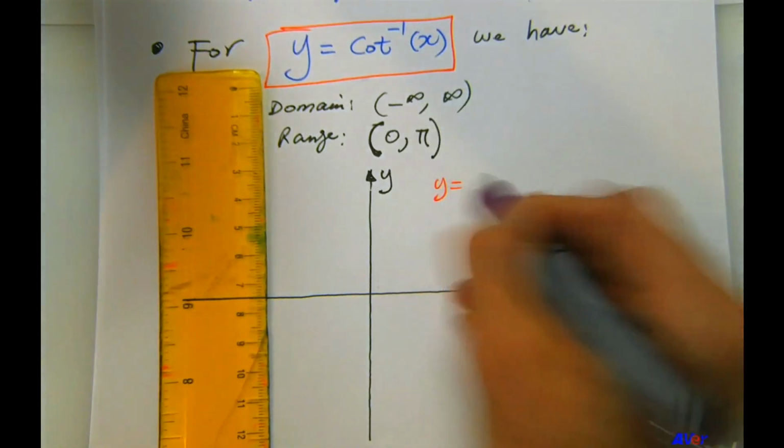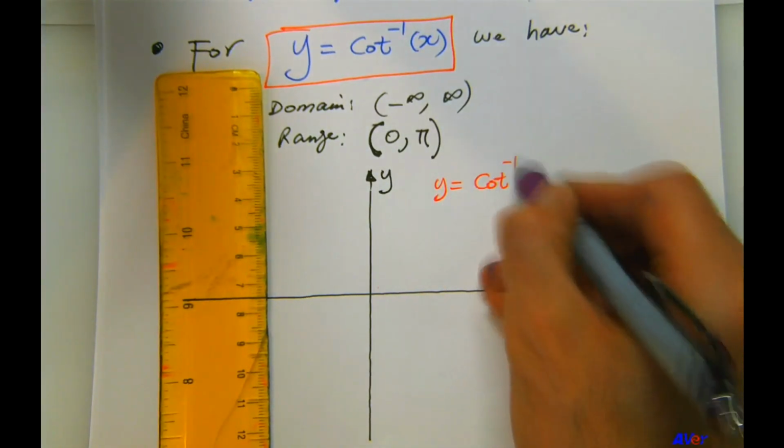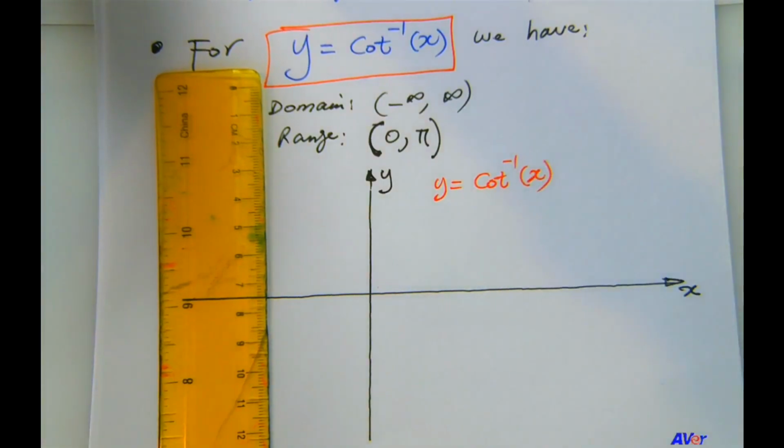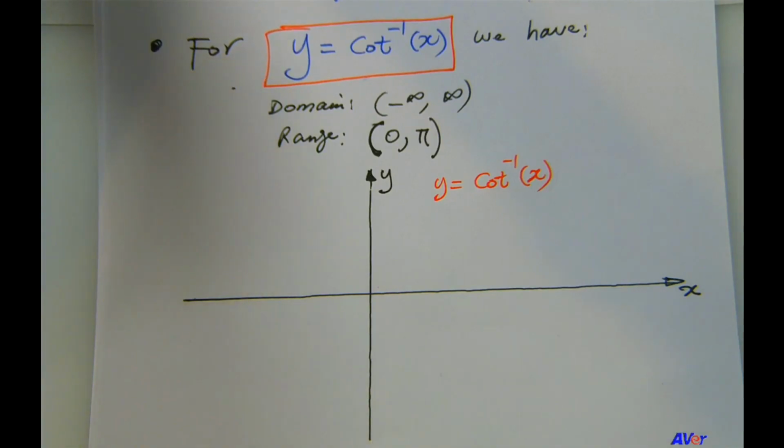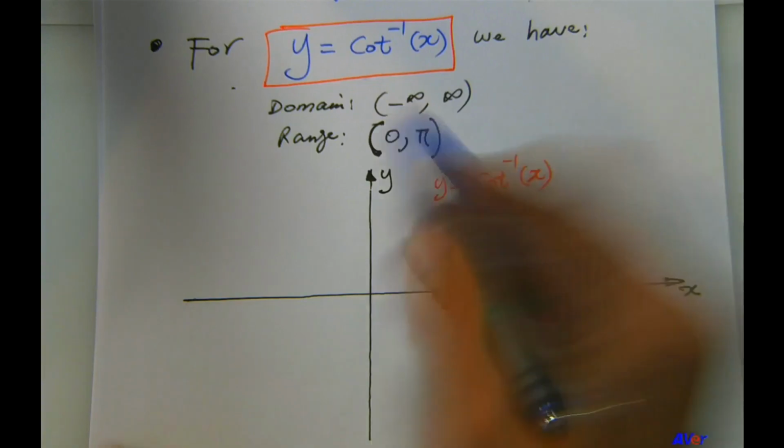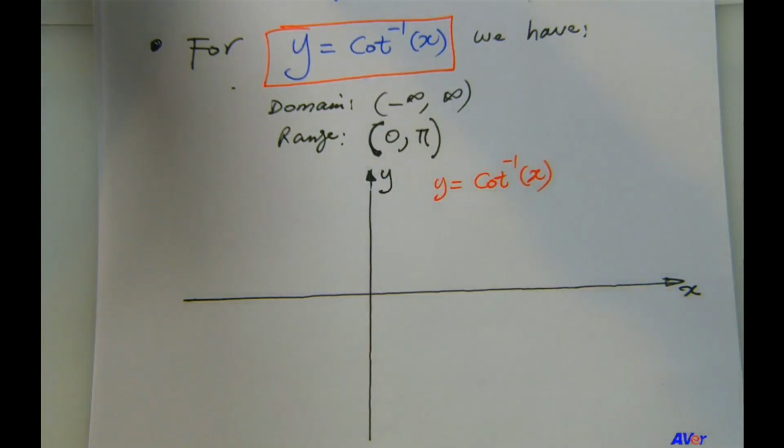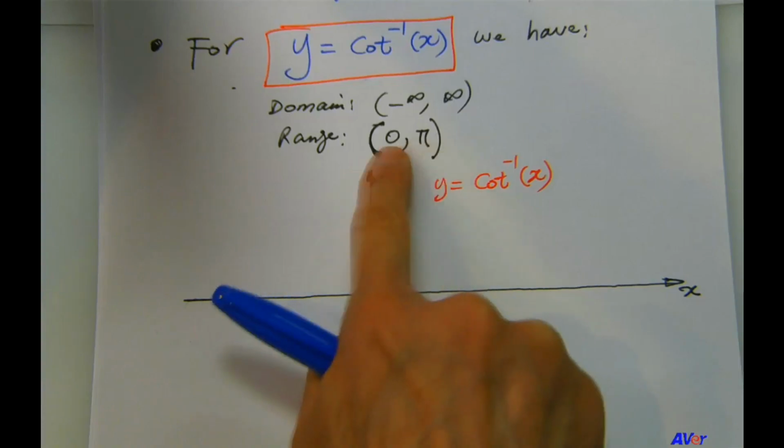So this is y equals inverse cotangent of x. All right, so looking at this, the range is going to go from 0 to pi, not including 0 and pi, right?